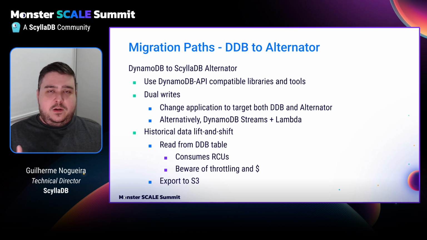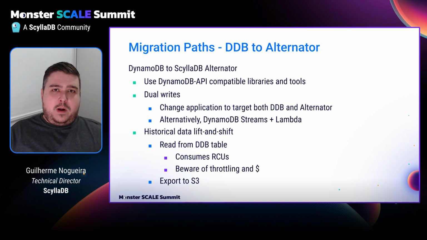You would write concurrently to both of them, make sure that both complete, retry, and the same library could be used for both of them. Alternatively, you can use DynamoDB Streams to migrate writes live from the DynamoDB table. So you would enable streams, just write to your table, and replay them using Lambda or an external function to the Alternator cluster, thus duplicating your writes after they have been done by the application.